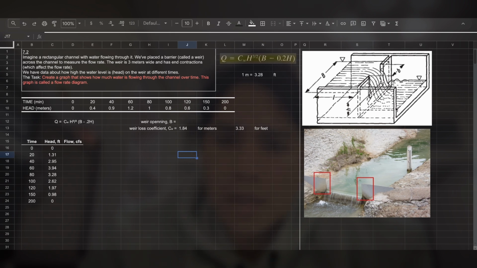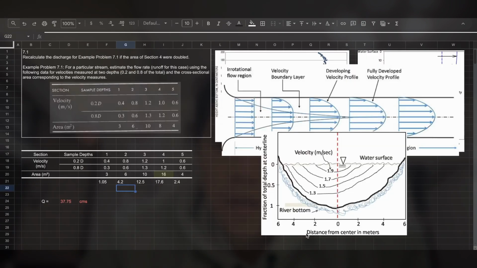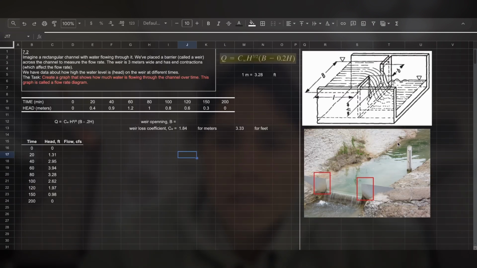So a weir is, I have a couple of pictures here, so you can contextualize what we're doing in this problem. If you remember from the previous problem, we were given the values of velocity to calculate the flow, and you saw how easy it was once we're given all the values and the area, just to plug in. However, sometimes it's not as easy, because the width varies depending on the channel and the form of the channel.